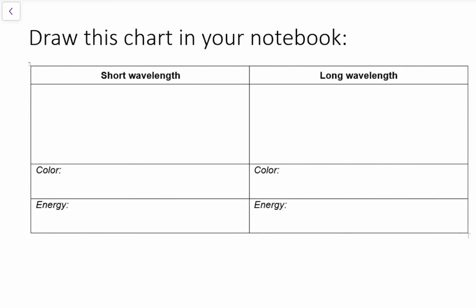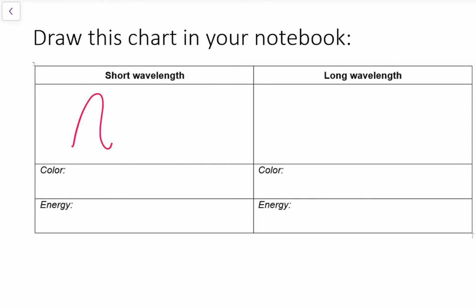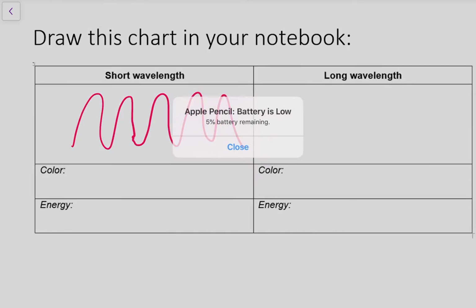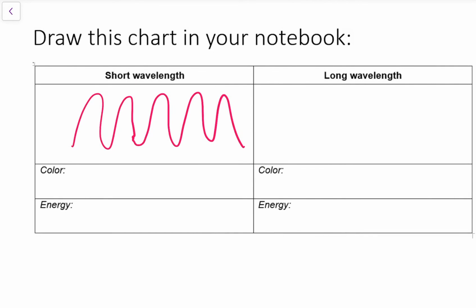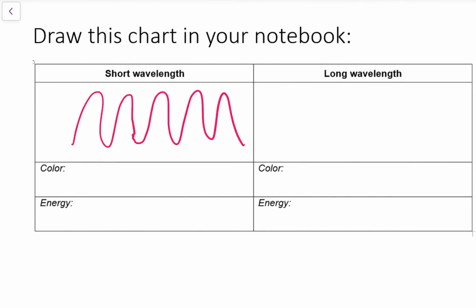So let's just compare short wavelength versus long wavelength radiation. If a type of radiation has a short wavelength, we mean it looks like this as it moves. If you could detect the amount of energy, that's what the image would look like. Short wavelengths are usually associated, especially with visible light. Short wavelengths are our violets and blue colors.